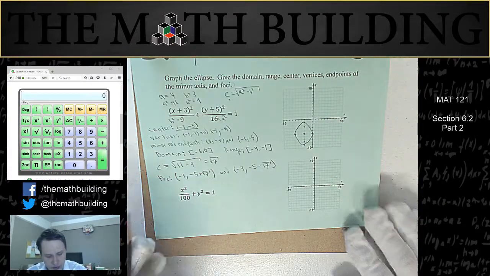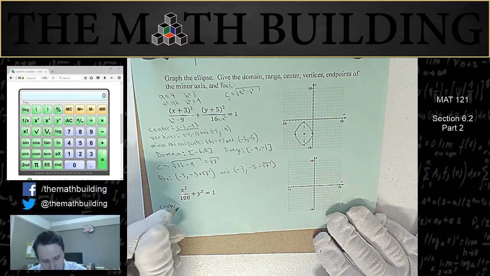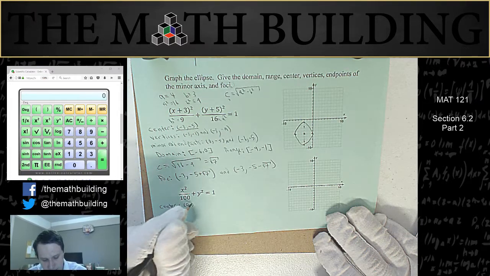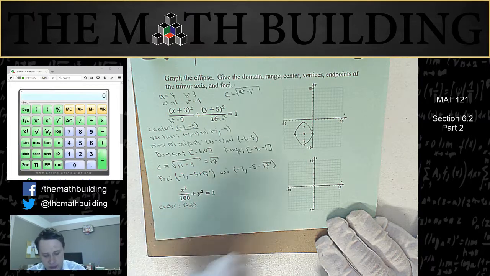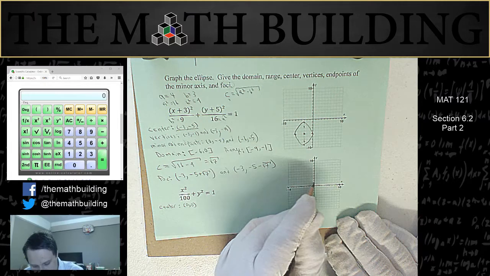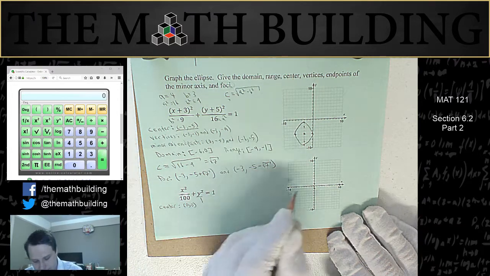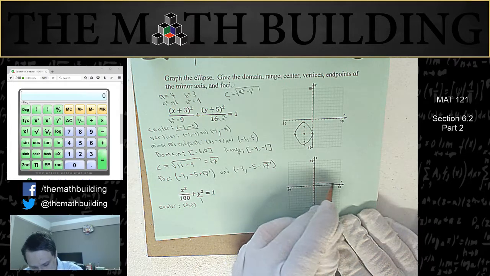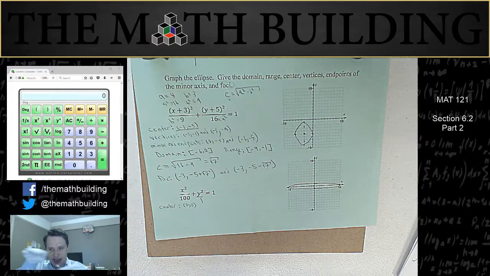So here, our center is going to be 0, 0, because we have no x minus or y minus, so we're on the origin. Take the square root of that, which is 10, so we're left and right 10. We're up and down 1, because the square root of 1 is 1, and this is y squared over 1. So here's your ellipse. Kind of flat.